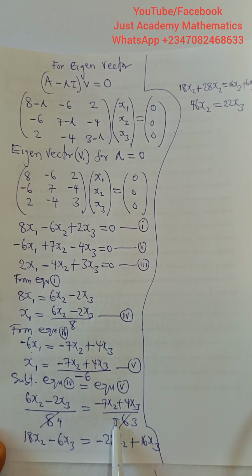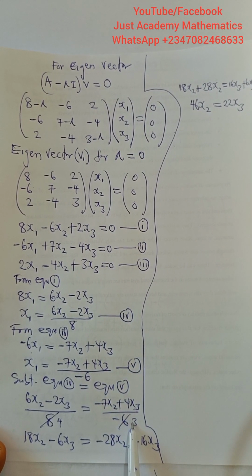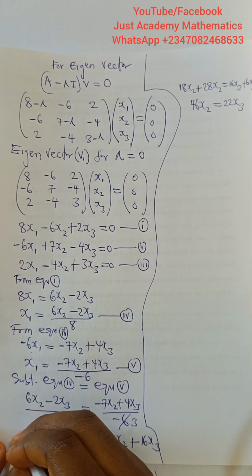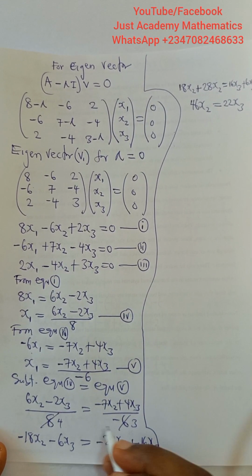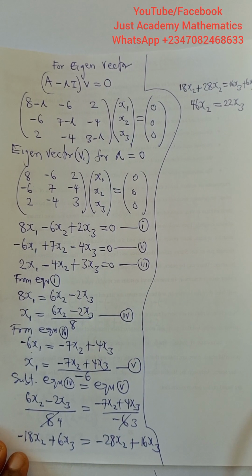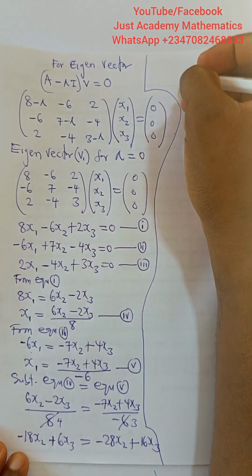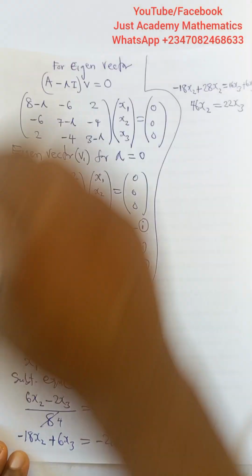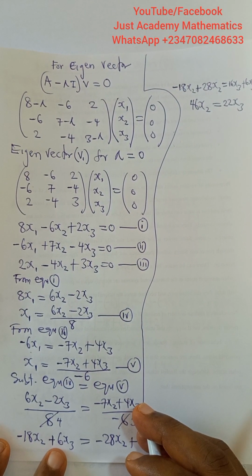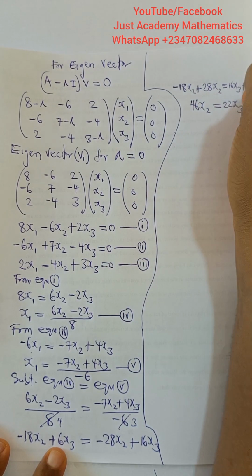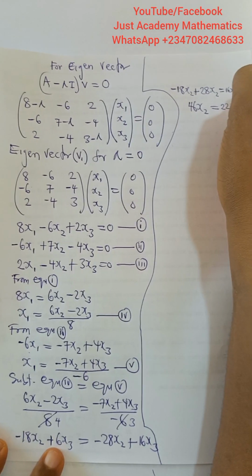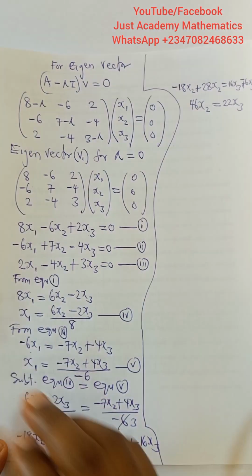This minus 3 here, minus 3 times 6 will be minus 18, and minus 3 times 2 will be plus 6. So by the time we collect the like terms, here will be minus 18, and for plus 6, we bring it over as minus. So here is negative, not positive. Here is minus 6.